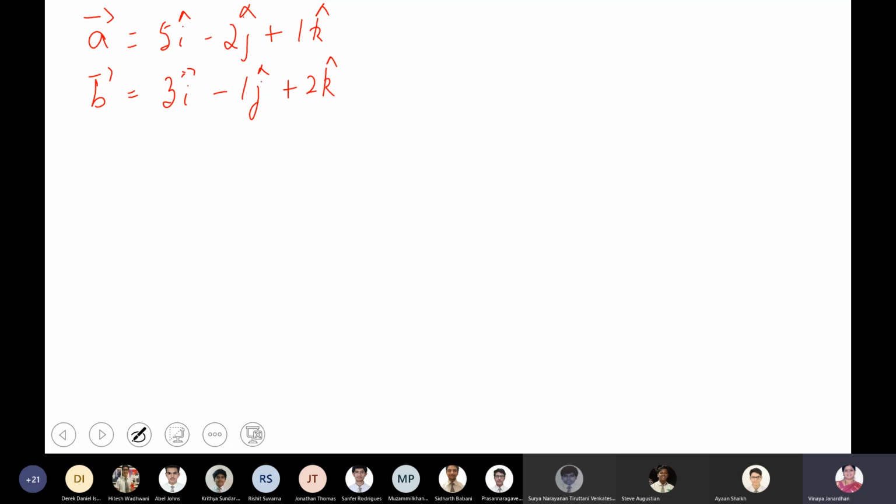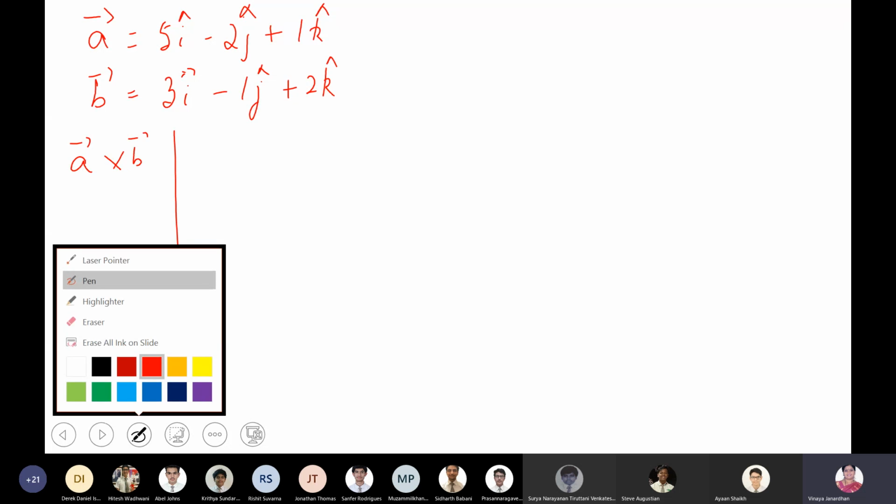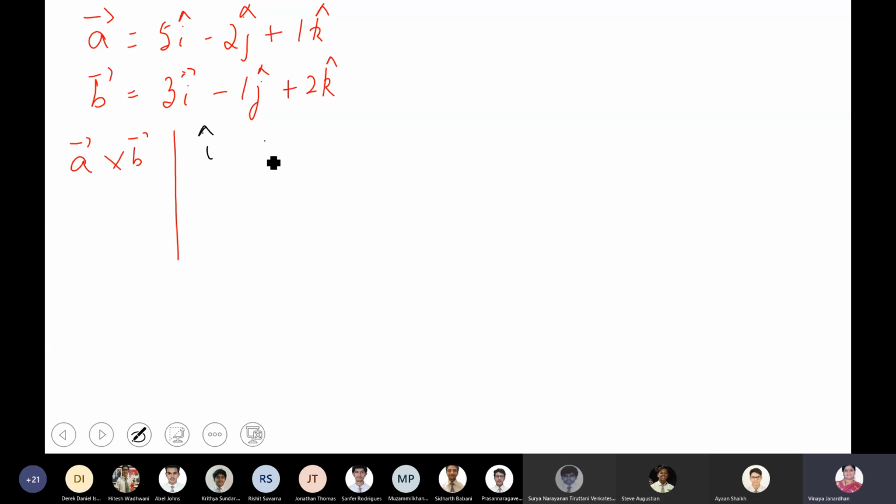Suppose this is the case and you want to find A vector cross B vector. So let me write this, boys: I cap, J cap, K cap, then 5, minus 2, plus 1, and 3, minus 1, plus 2. Anyone having a doubt over here, boys?